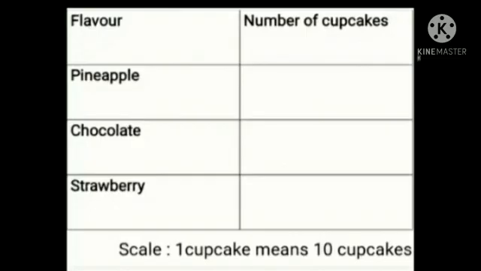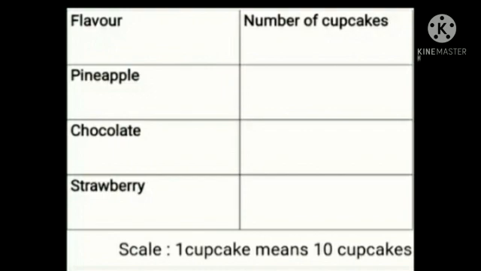So here is the table. On the left hand side we have written flavors of the cupcake, on the right hand side the number of cupcakes. First is pineapple flavor, second is chocolate flavor, third is strawberry flavor, and the scale we have taken is one cupcake means 10 cupcakes. Now let's start our sum.